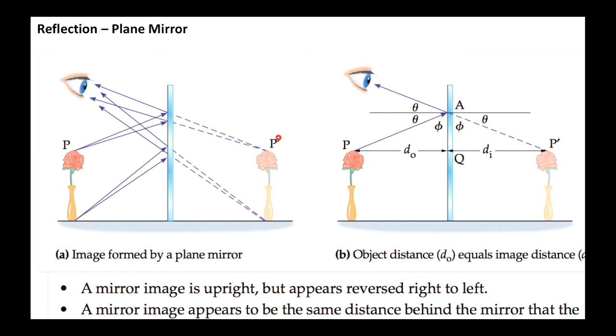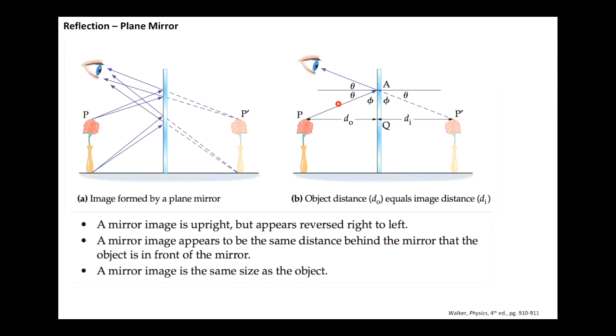So we see an image that's built behind the mirror, that's not actually there. All of it is happening because of multiple instances of the law of reflection building up the image that we see. All of this detail we don't need to worry about right now. More of that is going to come back in the next chapter. At this point, we're just talking about the law of reflection and how it applies.